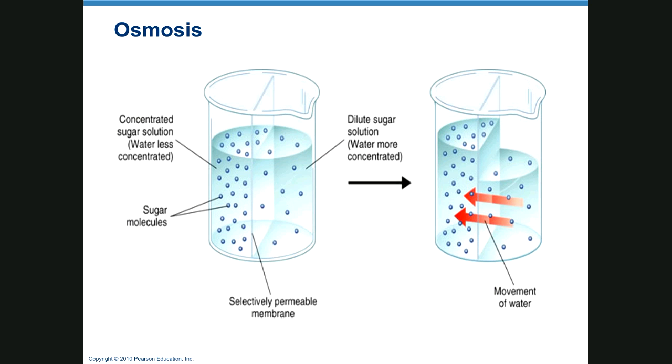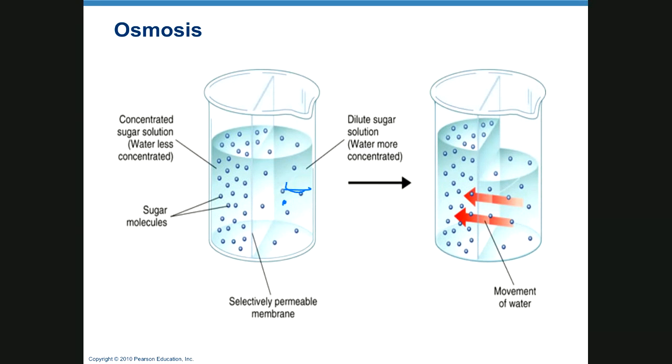Okay, before you can understand renal function, you have to review a few little processes. The first is osmosis. This is the movement of water from an area of high water concentration to an area of low water concentration. So when you have high water concentration, you have less stuff. That's your stuff.